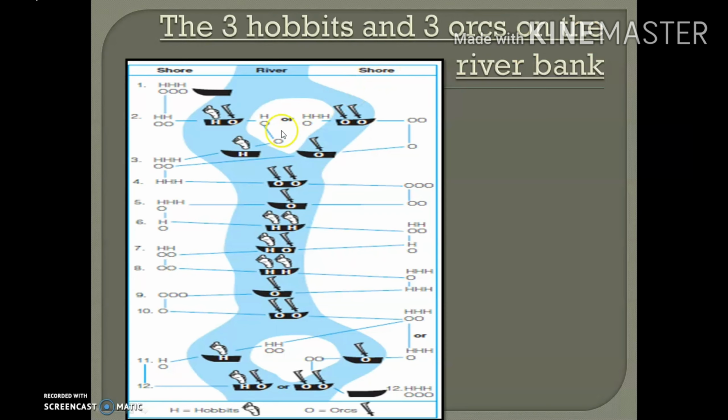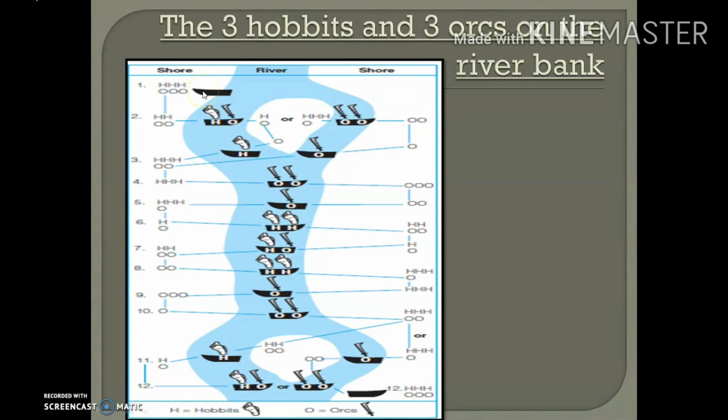So the problem: 3 hobbits and 3 orcs are on a river bank. The hobbits and orcs need to cross over to the other side of the river, which is this. They have, for this purpose, a small rowboat that will hold just 2 people.